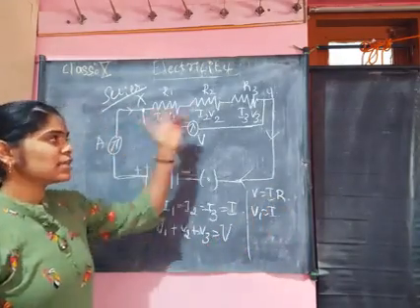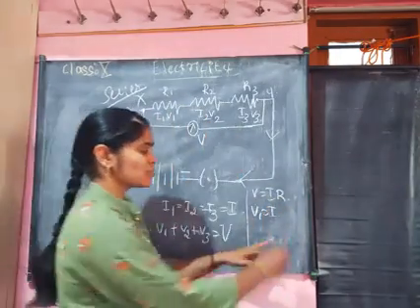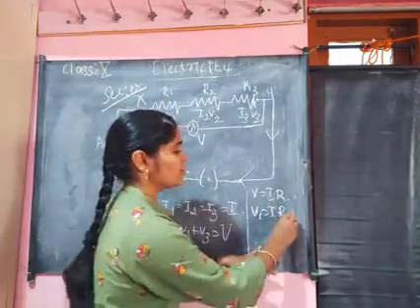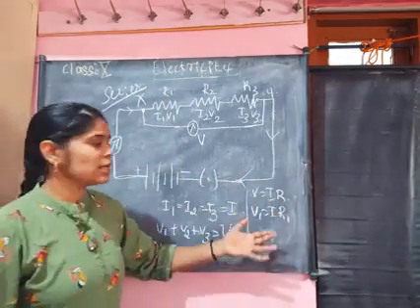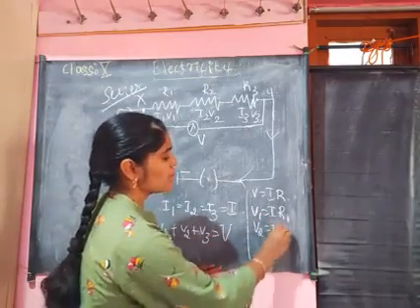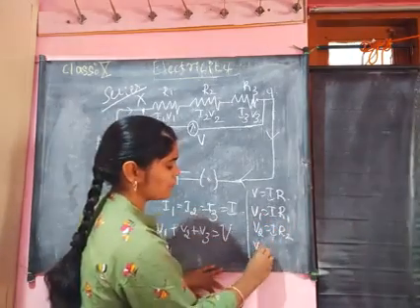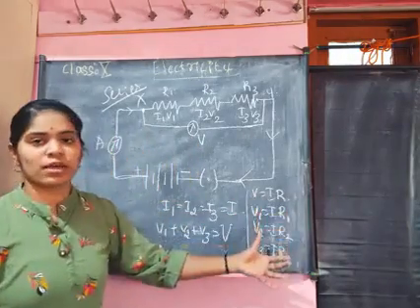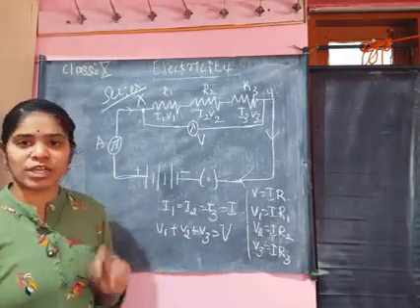Why? The same electric current passes here. So the resistance here is R1. For a V1 potential difference, the resistor is R1. Then for V2 it is I into R2, and for V3 it is I into R3. So from Ohm's law we write the potential differences.